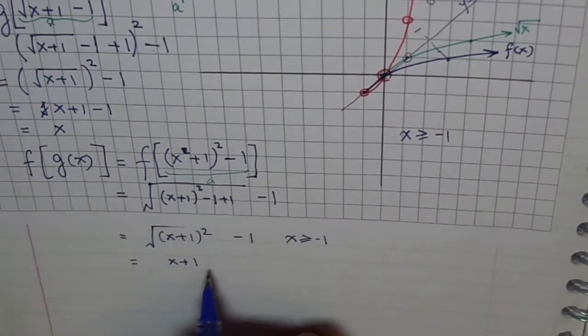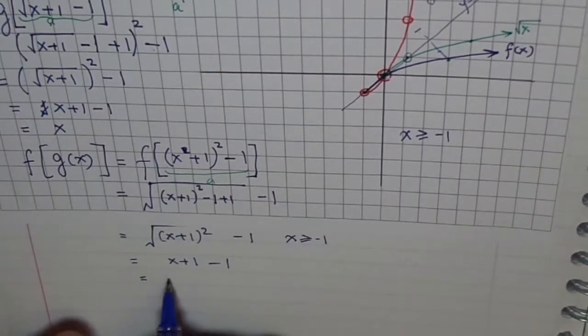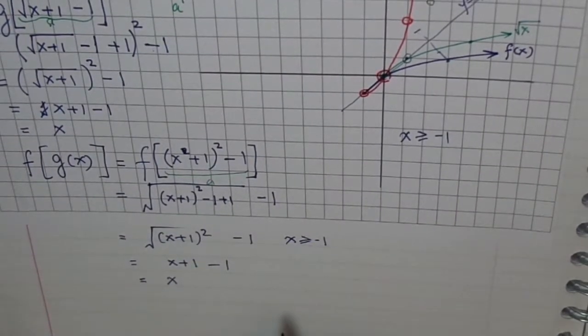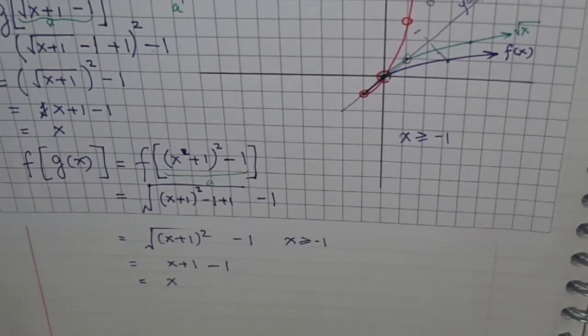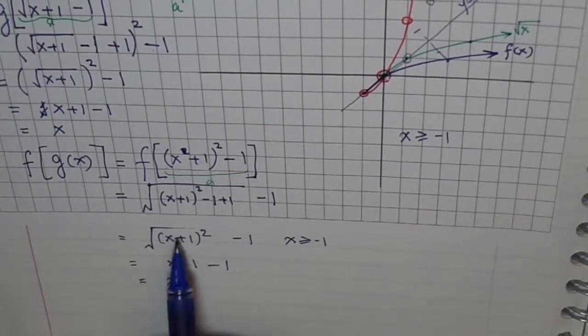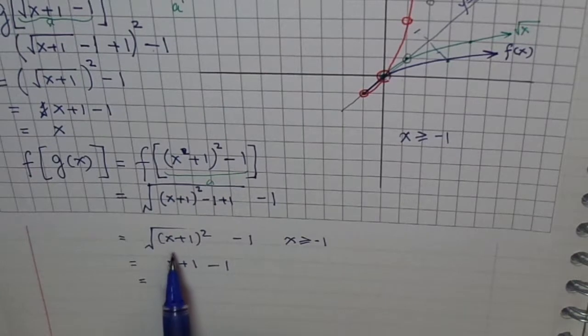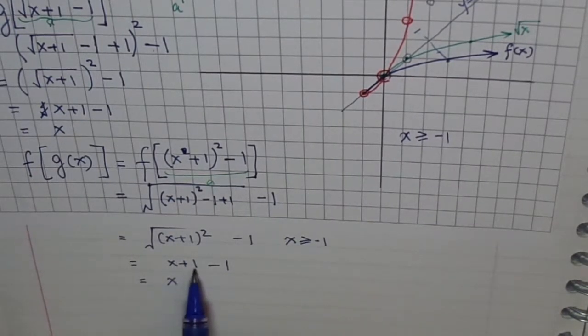And then we get minus 1, which is equal to x. I think you should watch my video on square root of a square being actually absolute value. Now that absolute value is x plus 1 if the inside is positive. So since we are taking x as greater than or equal to minus 1, we get x plus 1.